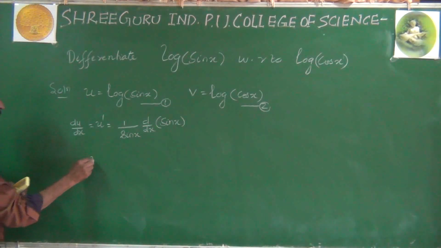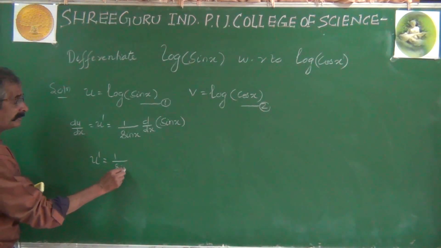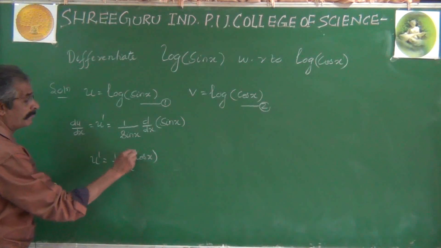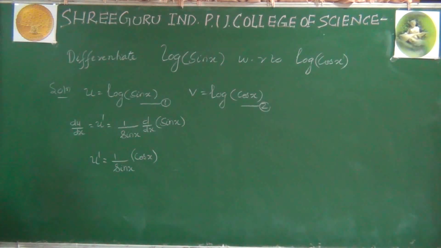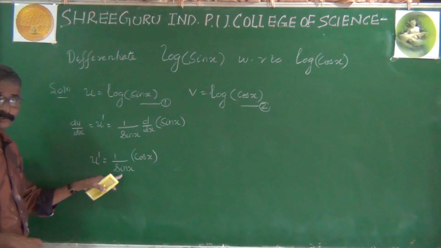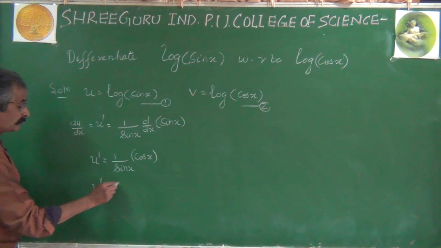Further, u dash equals 1 by sin x into derivative of sin x, which is cos x. Now cos x divided by sin x becomes cot x. So u dash equals cot x.